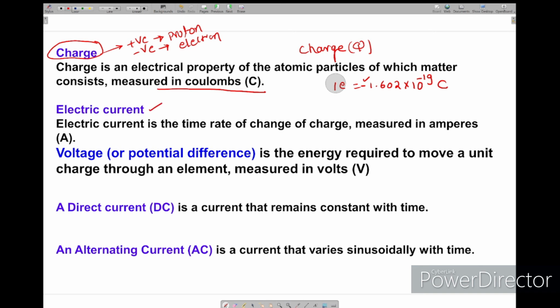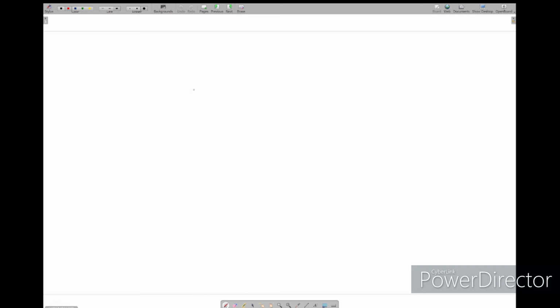Electrical current is the time rate of change of charge. This is related to the charge, and current is measured in amperes. Now I will show you here. Q is equal to charge and I is equal to current.